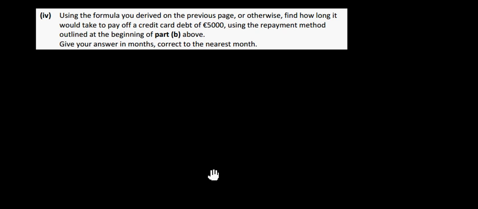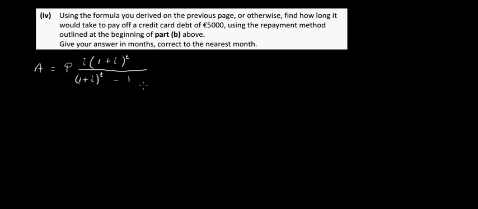Well, let's write down our formula first of all. Our formula is A is equal to P times I times (1 plus I) to the power of T over (1 plus I) to the power of T minus 1.